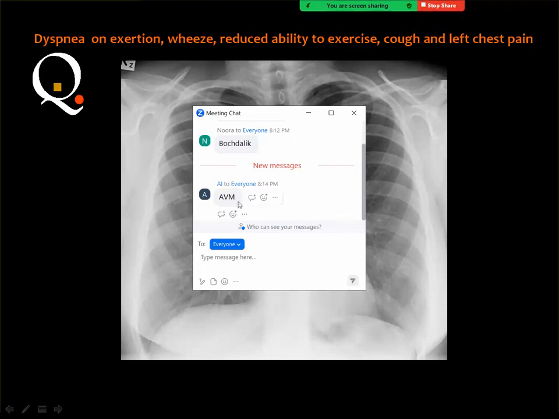And this is a suggestion for the first question. AVM is not right. It was a round pneumonia.